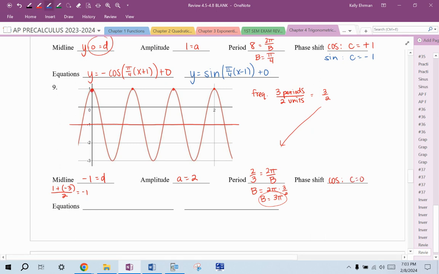If I look at a sine graph, where does this sine graph start? So remember, the period is 2/3, and this value is 1/4 of the period, right? So let's look at it from cosine. Cosine goes from 0 to 2/3.